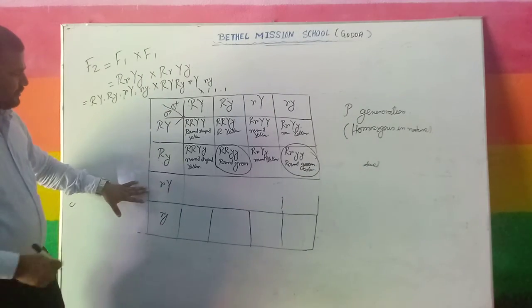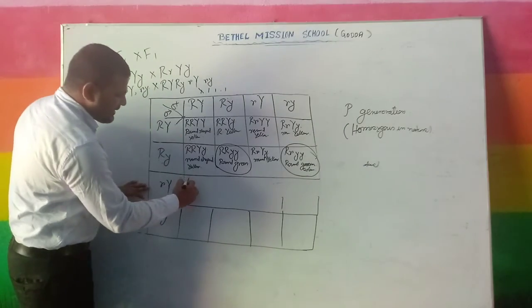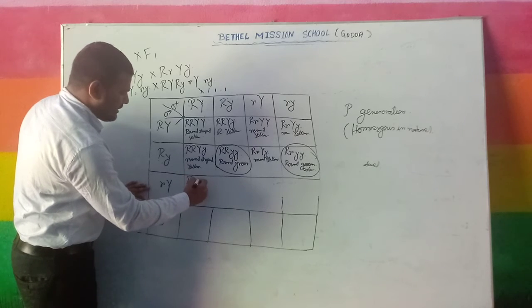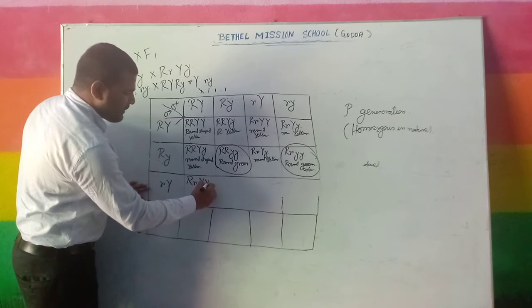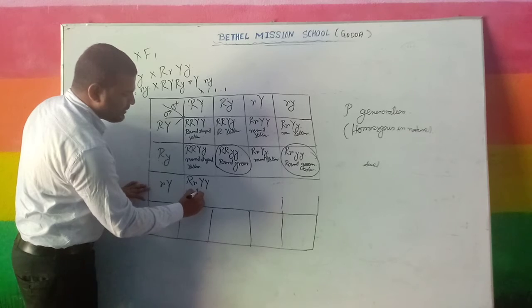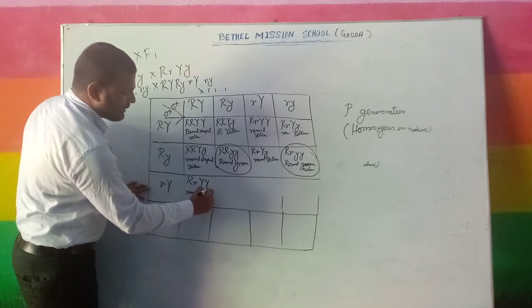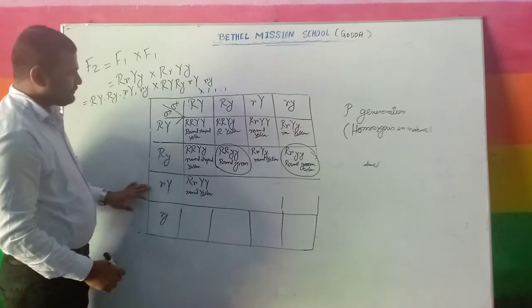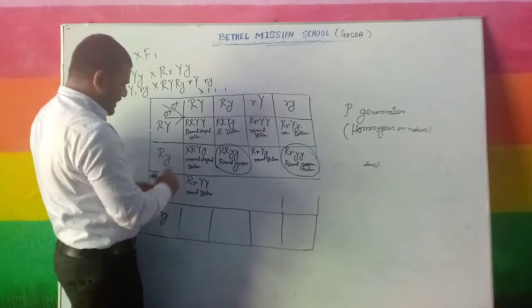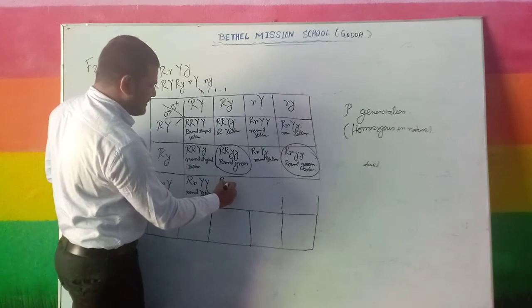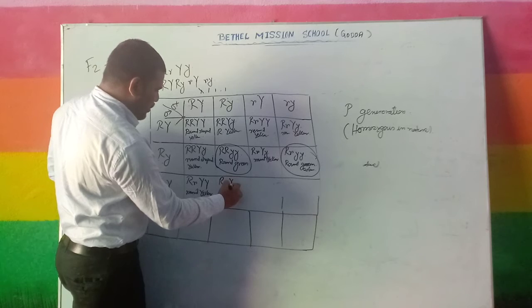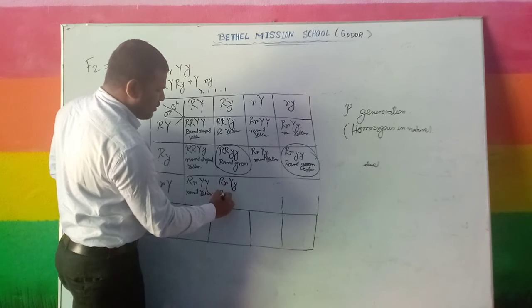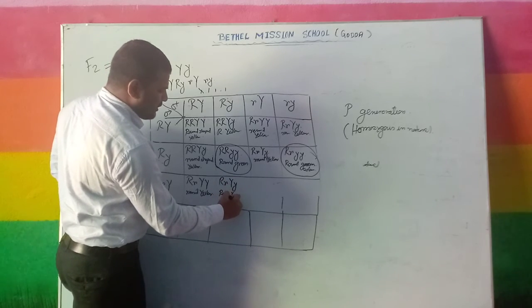Now in the third row, this one, capital R, small r, capital Y, capital Y. It's also round shaped, capital Y, capital Y for the yellow color. Now these are going to fertilize this one: capital R, small r, capital Y, small y. Round yellow.